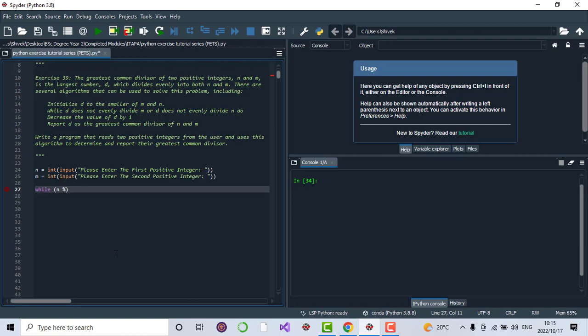So while d does not evenly divide n, so n mod d not equal 0, or, and they specify, let's check it out here, d does not evenly divide m in our case, since we already did n.